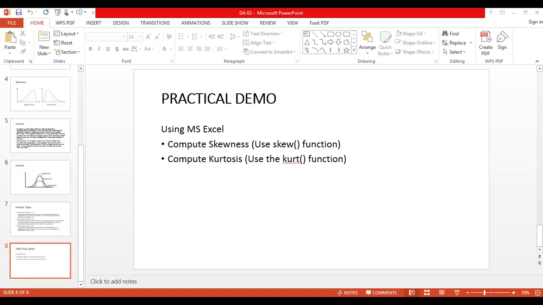Can somebody explain to us the different types of cell referencing, also called cell addressing, and how to use them? Anybody want to help us? Is there a good Samaritan in the house that wants to do that for us?